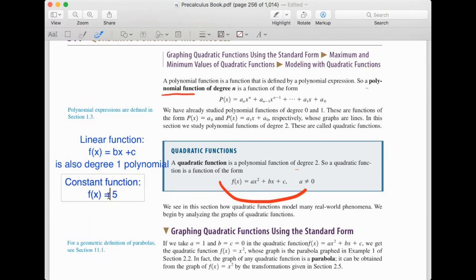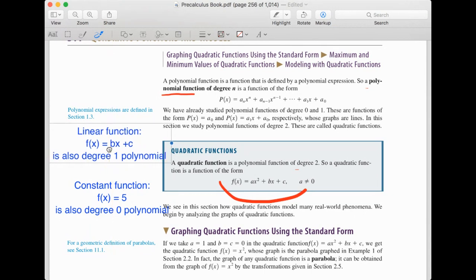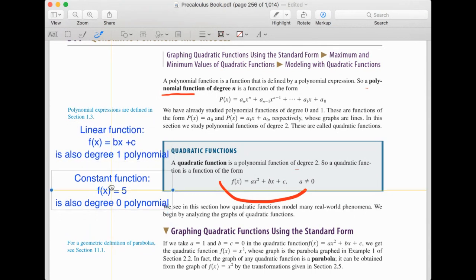This is called a constant function, and it's also a degree 0 polynomial function. So those three are special polynomial functions.